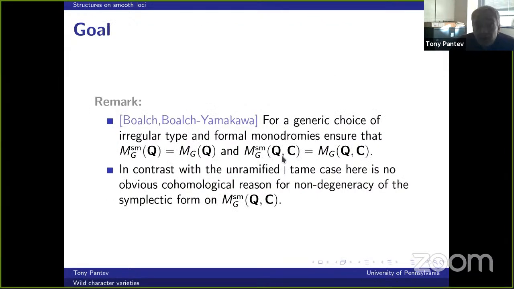Well, one thing that Boalch and Yamakawa actually proved is that if you choose your irregular type or formal monodromies generically, there is a stability condition you can impose on the irregular types, on these Laurent tails that I fixed, and on the conjugacy classes of the formal monodromies. If they happen to be stable, then Boalch and Yamakawa showed that the whole character variety, or the restricted character variety, is smooth.